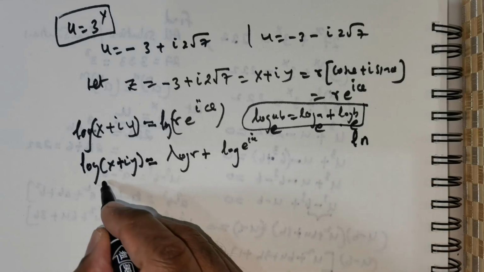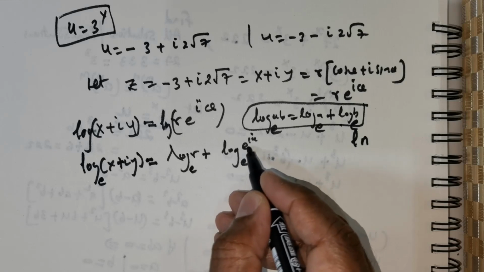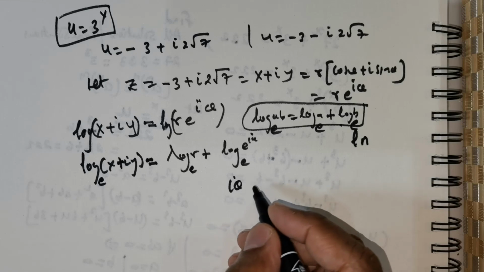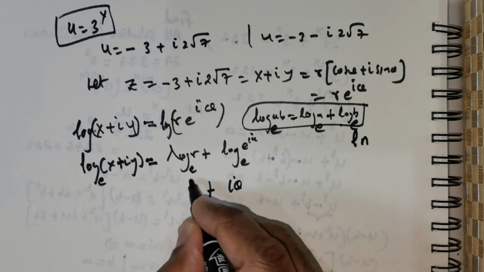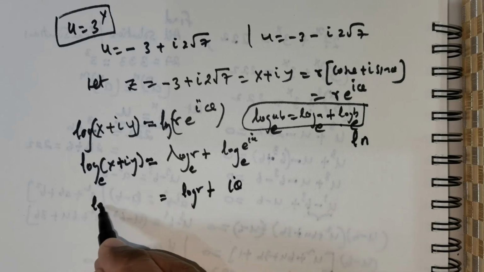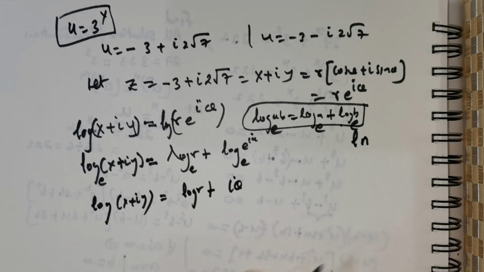Since the base is e, log of e raised to the power iθ reduces to i times θ, followed by log r, and over here log of x plus iy. So this is how we got it.